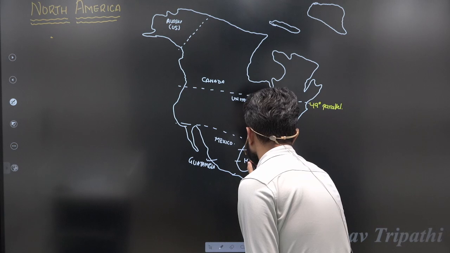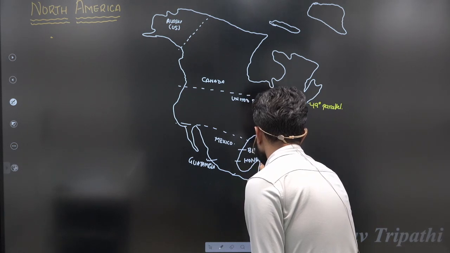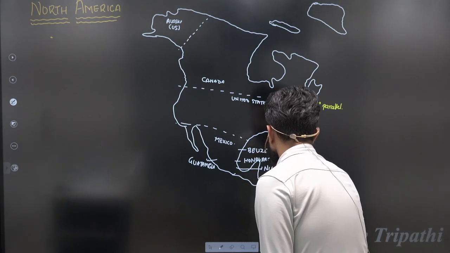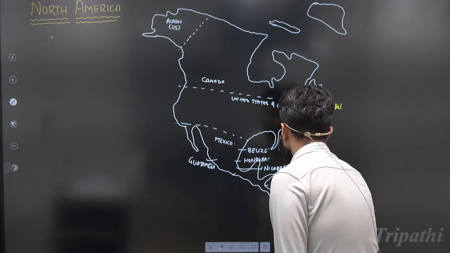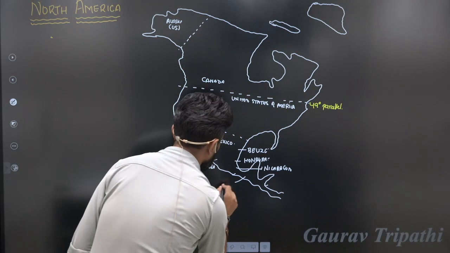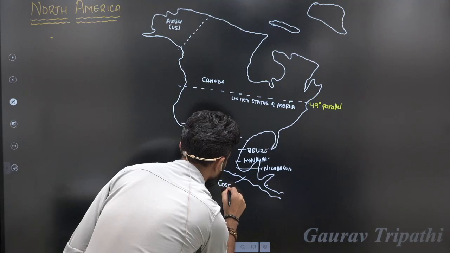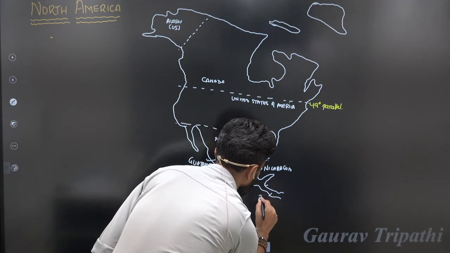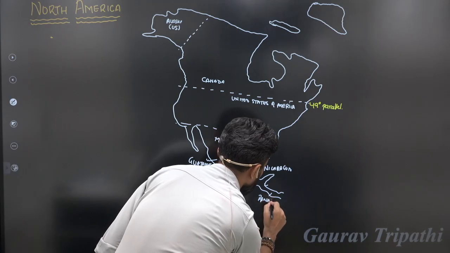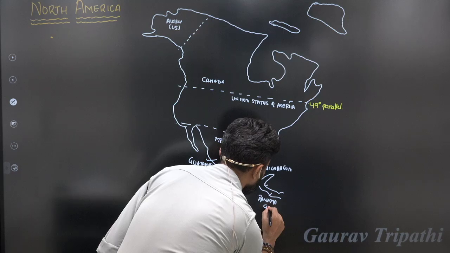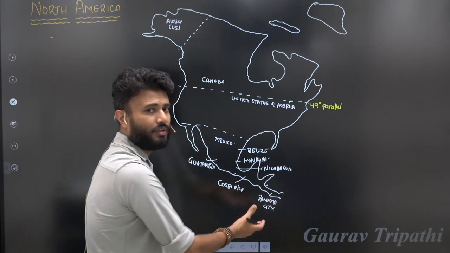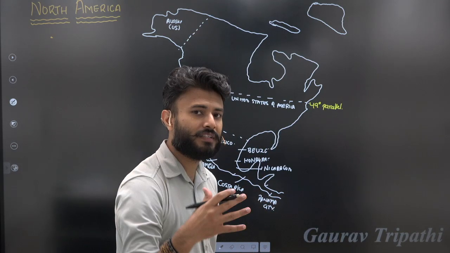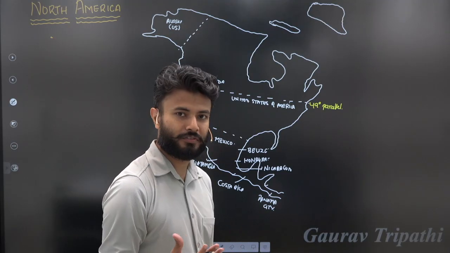So here is Honduras. Then we have Nicaragua. Here we have Costa Rica. Fine. Then here we have a very important location, that is Panama City. Here we also have Gulf of Panama and Panama Strait, which are very famous. You might be knowing this also.